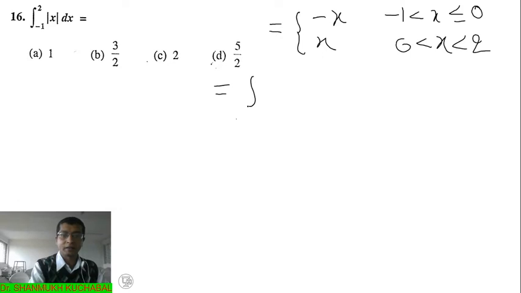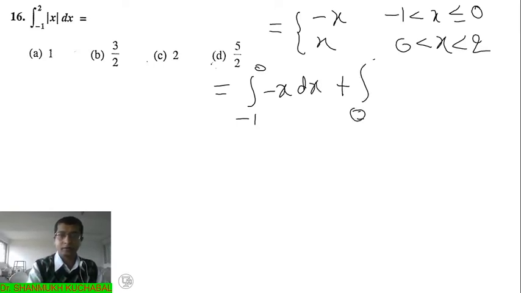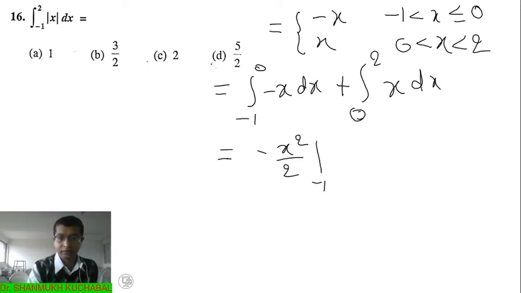One integral is minus 1 to 0 of minus x dx. Another integral is 0 to 2 of x dx. Further we need to integrate this. Integration of x is x square by 2, with limit minus 1 to 0, and integration of x is x square by 2 with limit from 0 to 2.